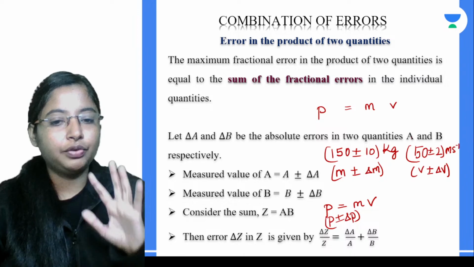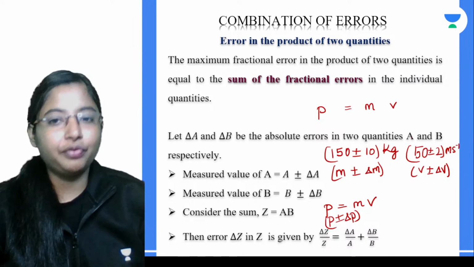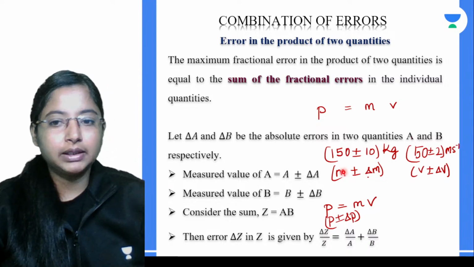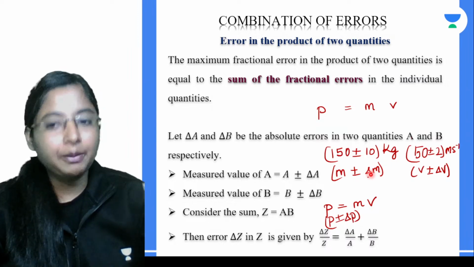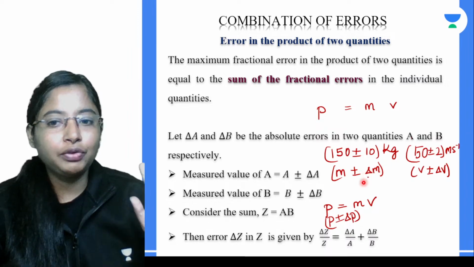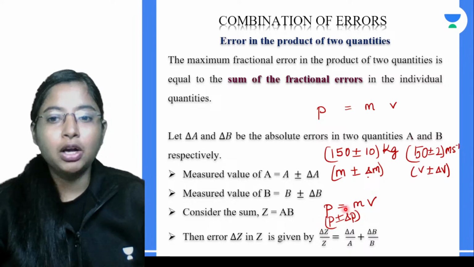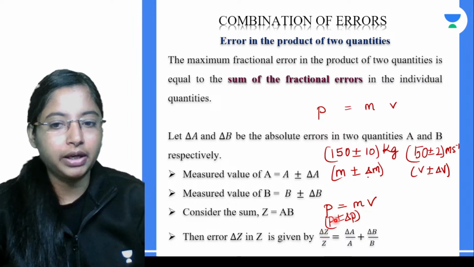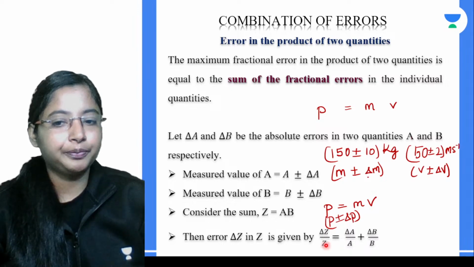Very simple. To find the error in this case, you have to find it in terms of fractional error. The value we have over here is the mean actual value, and this value is the absolute error. That is similar in each case. Now you have to take delta P, your absolute error, by the mean value, in each case.